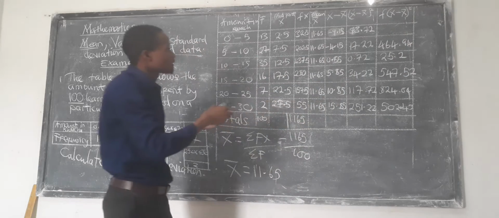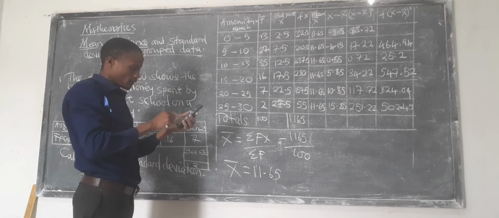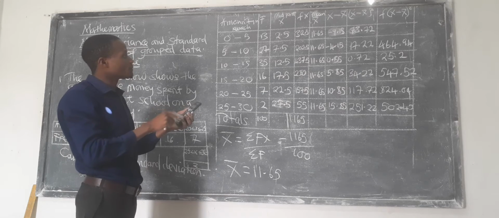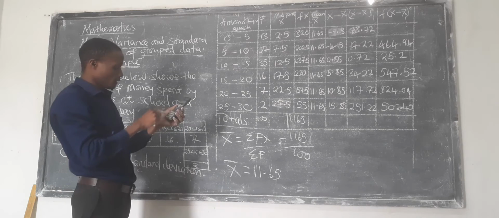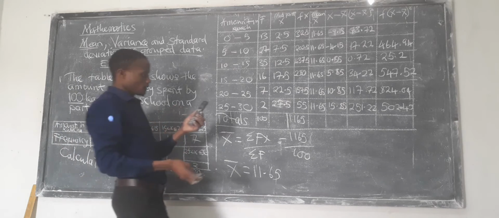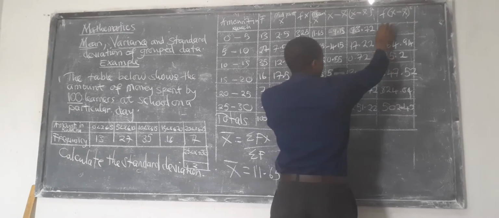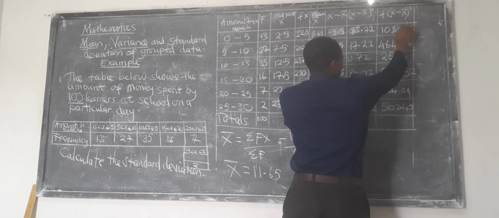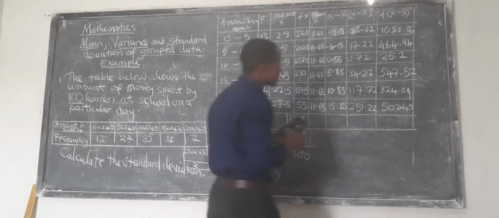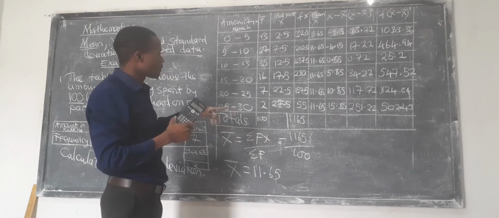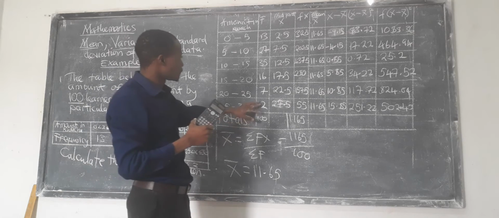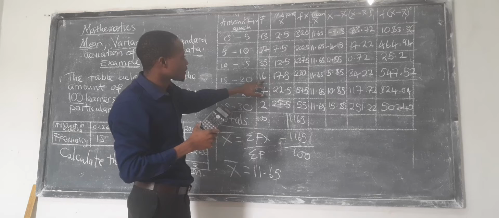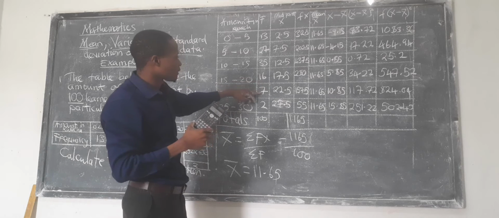Then the last one, that is 83.72 times frequency 13, which is 1088.36. Okay, let me just go through this one. Okay, no, this one is correct. I think they're all correct.